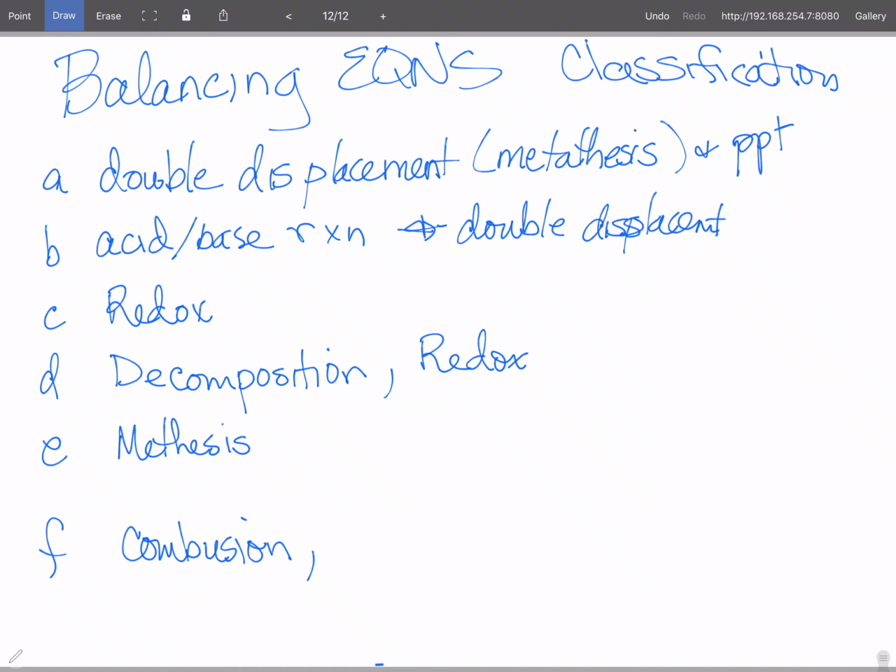And because oxygen is elemental on one side and not on the other, it's a redox. So we've balanced these equations, and I really want you to worry primarily about these, not the decomposition, the redoxes yet, okay? And you should be able to calculate that.